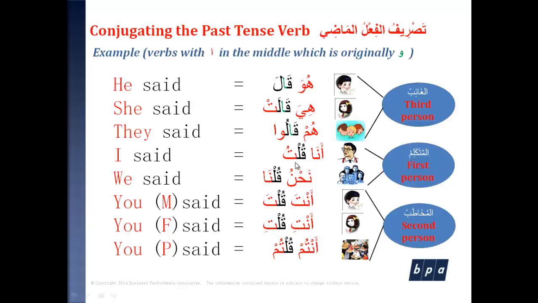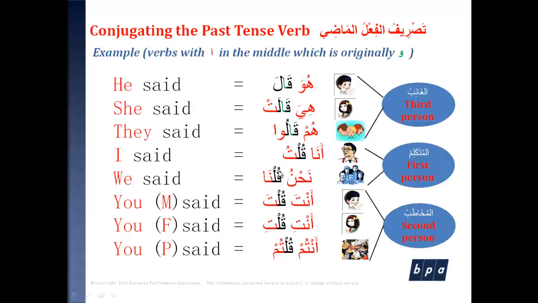So ana qultu, and nahnu qulna, anta qulta, anti qulti, and antum qultum. So let's pick up some patterns here. Except for the third person, the vowel disappears.